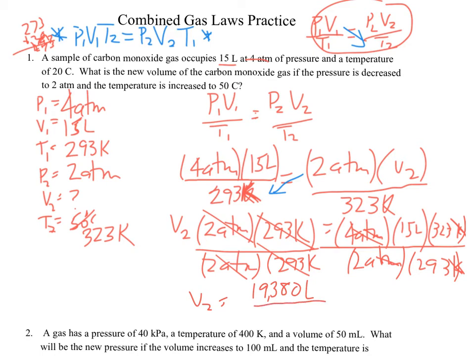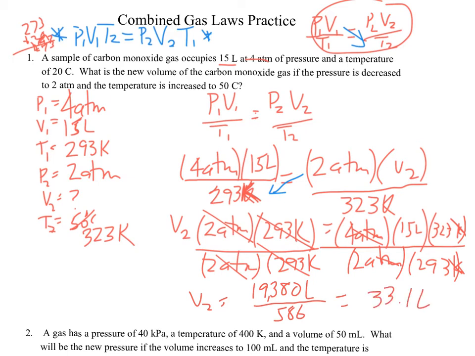So it's 293 times 2. 293 times 2 is 586. No units on the bottom. So now my V2 is equal to these two numbers divided. And I have 19,380 divided by 586, and it comes out to 33.1 liters.